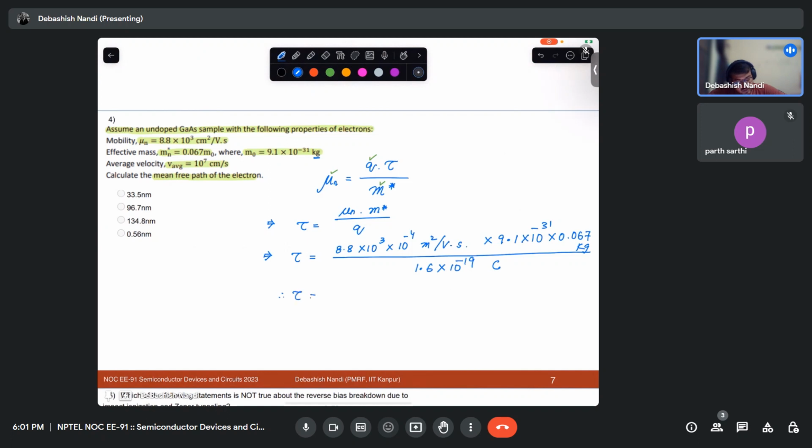So tau will come out to be how much? 8.8 times 10 raised to 3 times 10 raised to minus 4 times 9.1 into 10 raised to minus 31 times 0.067 divided by 1.6 times 10 raised to minus 19.